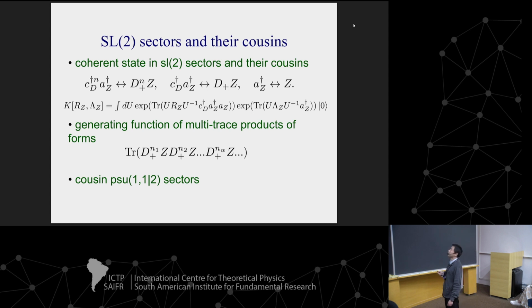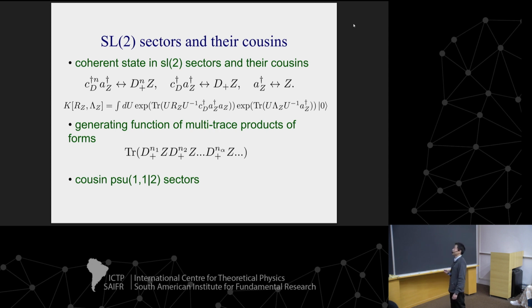On the left part, there's excitation of the D_+, because the A dagger creates D_+ acting on Z. And the left factor creates D_+ acting on Z many times. And the state generates multi-trace products of the form, a trace operator inside which there are many D_+ acting on Z.